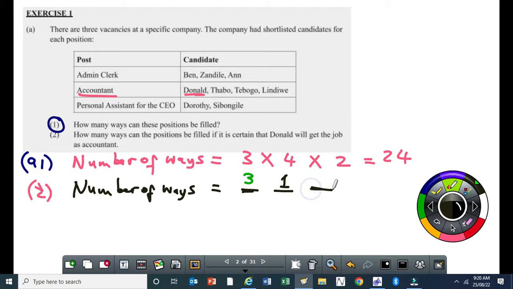Then for the third position, the personal assistant, there are still two people. Then we apply the fundamental counting principle, we just multiply those. Remember, the fundamental counting principle has to do with multiplication of the number of ways. So the answer there will be 6.